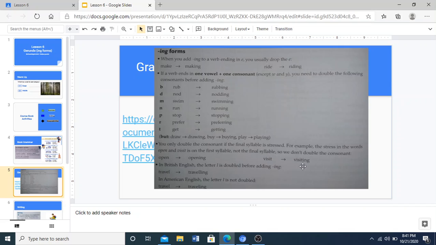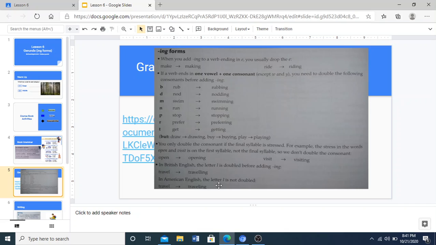Visit gives you visiting. In British English, the letter L is doubled before adding -ing. Yes, this is very important. So here, travel is travelling, but this is in British. In American, you leave it as a single L: traveling with one L. So there's a little conflict here between British English and American English.